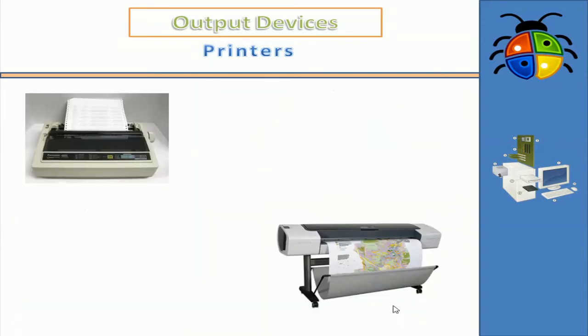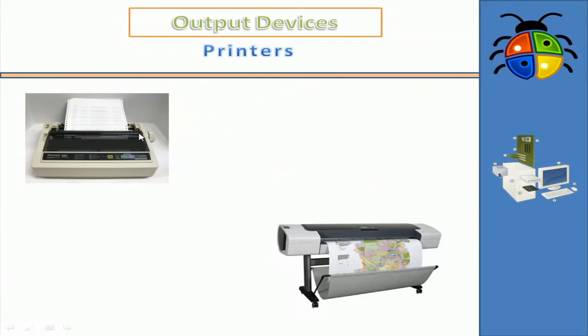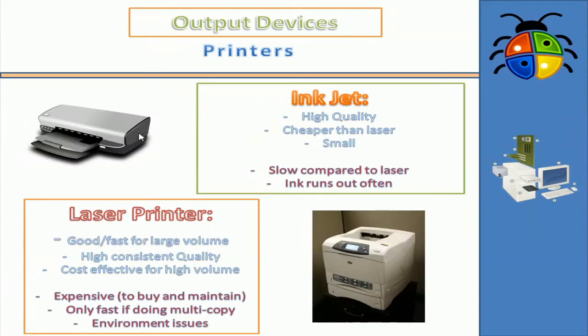Okay. Oh, sorry, did I say 3 printers? Okay, we've got 4 types of printer. Sorry, I forgot one. So this one here is a dot matrix printer. Dot matrix printers were the standard for a long time. This was what everybody used to use ages and ages ago, before inkjet became cheap and lasers became available.